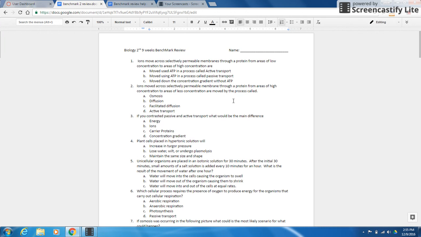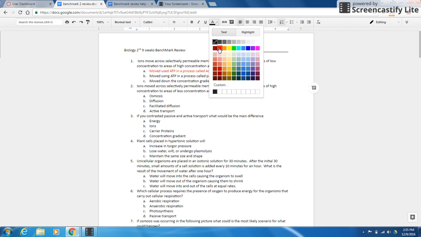Number 2, ions moving across selectively permeable membranes through a membrane from high concentration to low concentration are moved in a process called what? Now, at first, I read this question and I actually skipped one of the main key points here, which is the word protein.